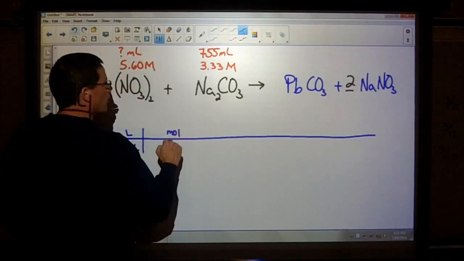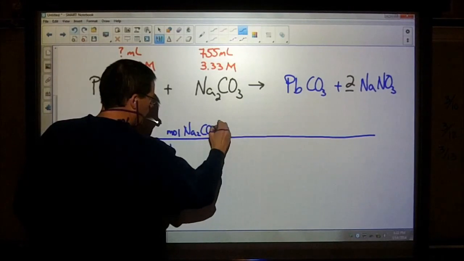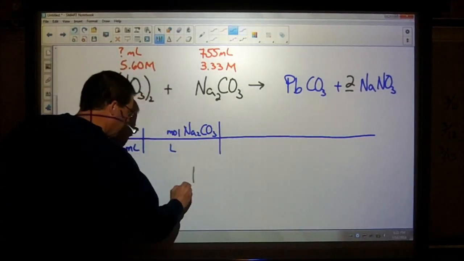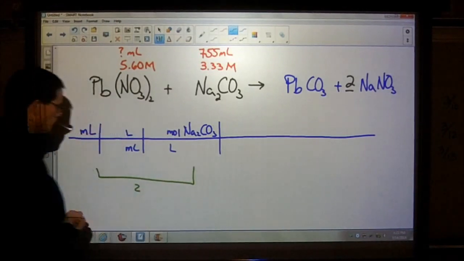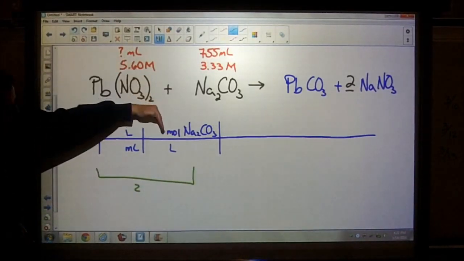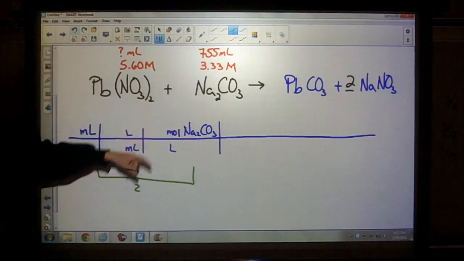So moles of sodium carbonate. So that's all step 2. So changing the volume into liters, liters times the molarity gives me moles. Step 2, convert what's given into moles.